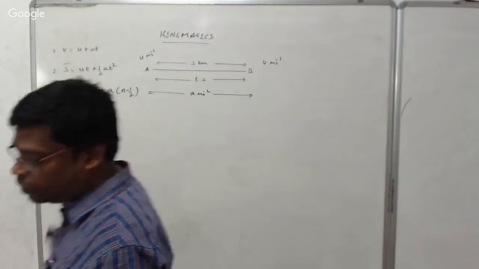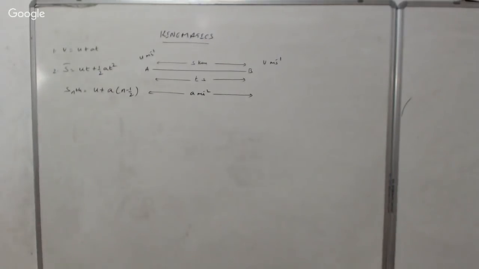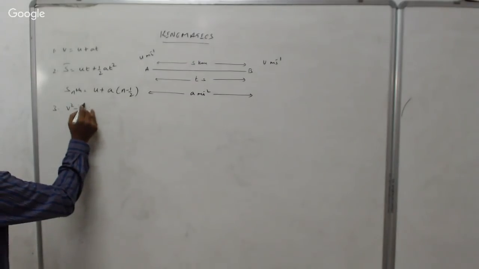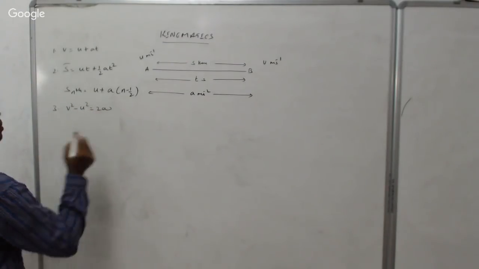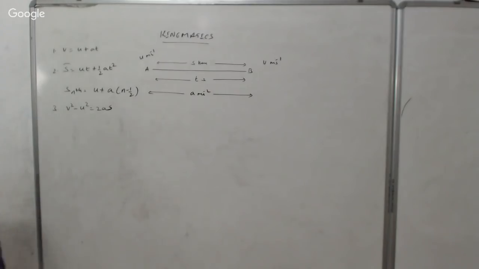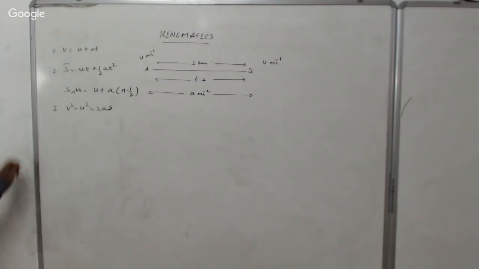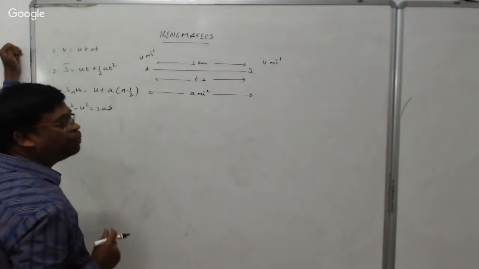What is the third one? The third equation of motion is v square minus u square is equal to 2as. v square minus u square is equal to 2as. Okay. Now how to obtain this equation?